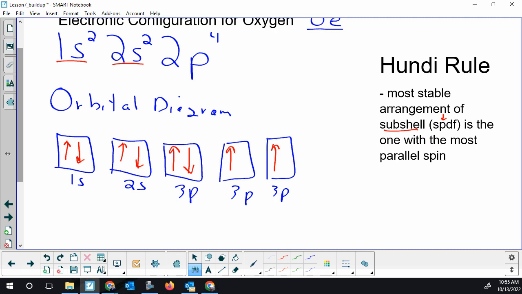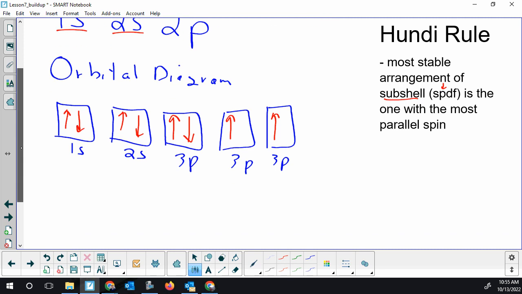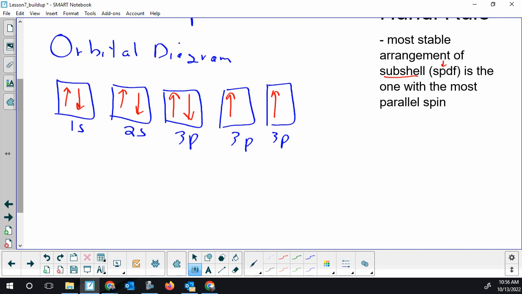This matches the observations we see for oxygen. Magnetism is an offshoot of, do we have single electrons or not? Or do we have everything paired up?